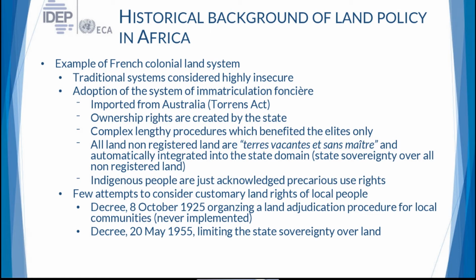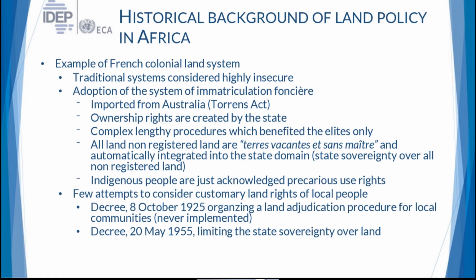Where did they get inspiration for their system? They imported, in fact, the system from Australia. This is what is called the Australian Torrens Act. The Torrens Act is based on the principle that land ownership is created only by the state.